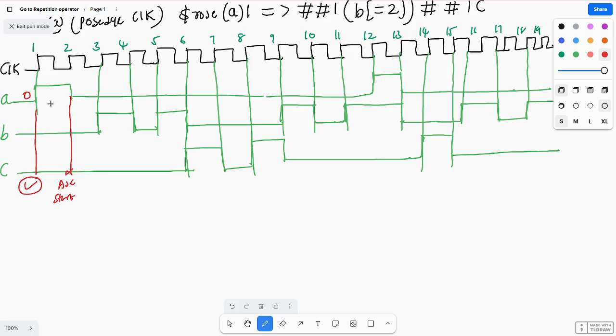Why does the assertion start here? Because $rose means it should go from 0 to 1, and here A becomes 1. So the assertion starts from here, and after that this should take two cycles. This is one, and the next cycle this is one. And after this, what happens after the second cycle?